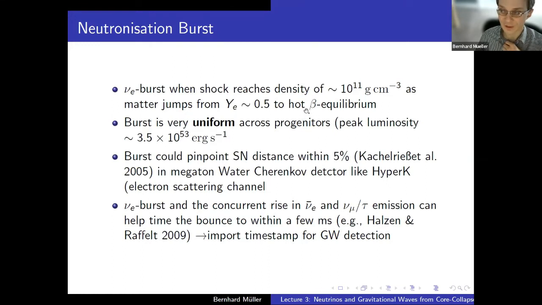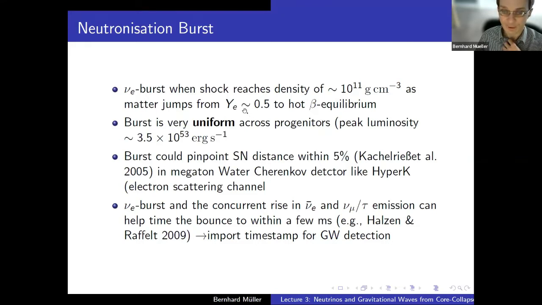Under these conditions, under these densities that may be of order 0.1, 0.15 initially, later the Ye for beta equilibrium drops further. But the point is, in a significant region, a few tenths of a solar mass, you immediately jump from symmetric conditions, same number of neutrons and protons, to neutron-rich conditions by electron captures, and the neutrinos get out immediately.